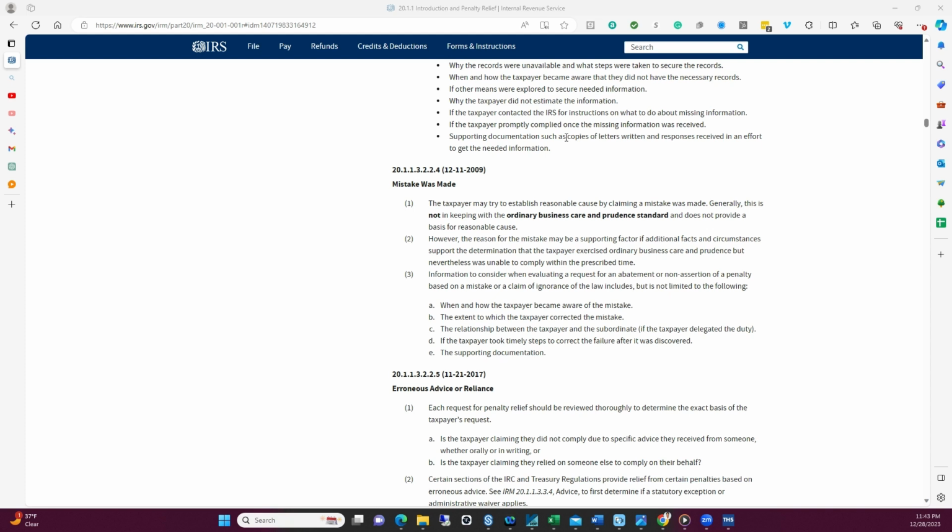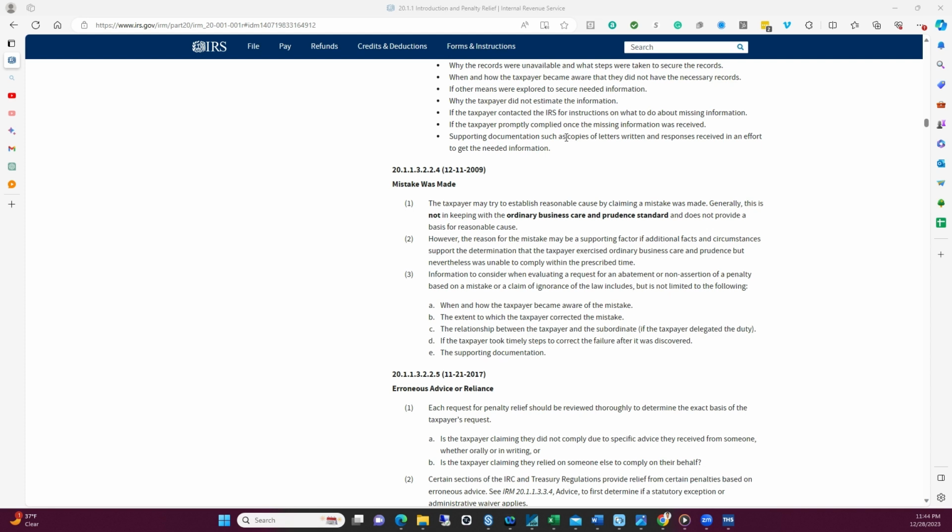That's why it's important to read these, because if you go in there and say, oh, a mistake was made, that doesn't automatically mean they're going to remove it. However, the reason for the mistake may be a supporting factor if additional facts and circumstances support the determination that the taxpayer exercised ordinary business care and prudence, but nevertheless was unable to comply within the prescribed time.